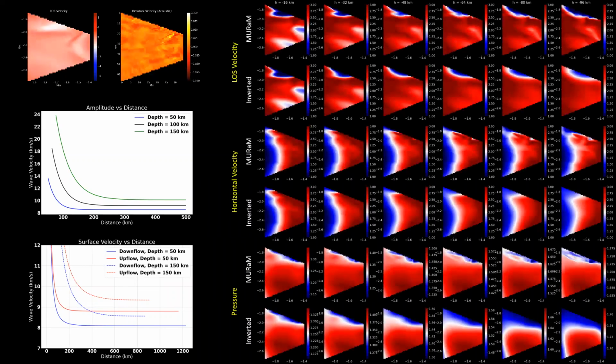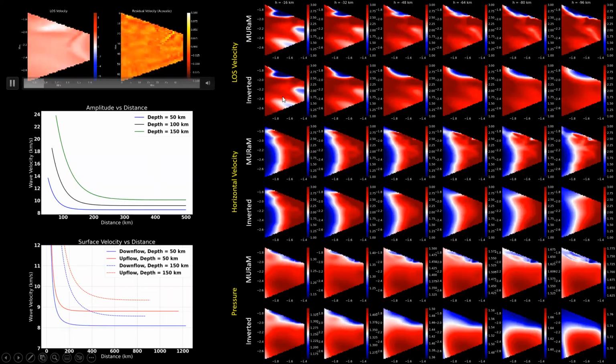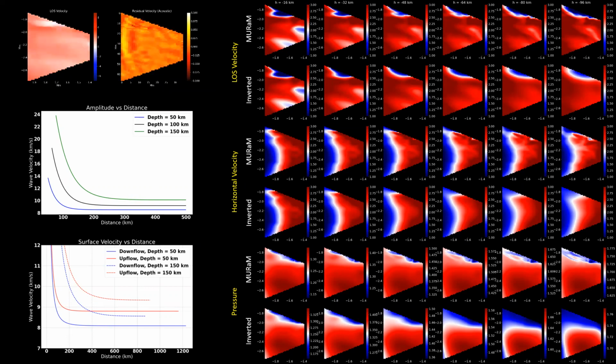If you see over here, this is the actual atmosphere that we have. From left to right, we are going through depth. This is very close to the surface, and this is almost 100 kilometers deep. This is the line of sight velocity of the model photosphere, and this is the inverted one, which means we have inverted it from our observation of how this wave is propagating. This is the inverted atmosphere, and this is the inverted line of sight velocity.